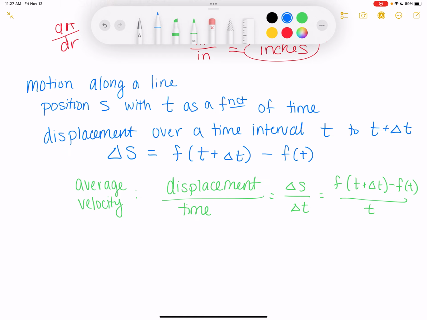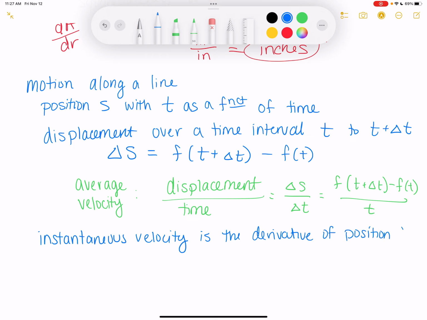Then instantaneous velocity is the derivative of the position function s equal to f of t with respect to time.